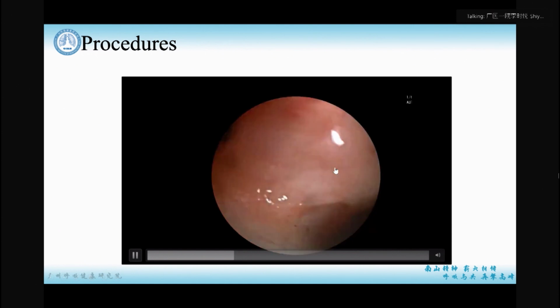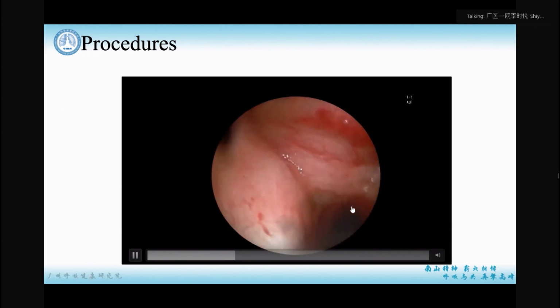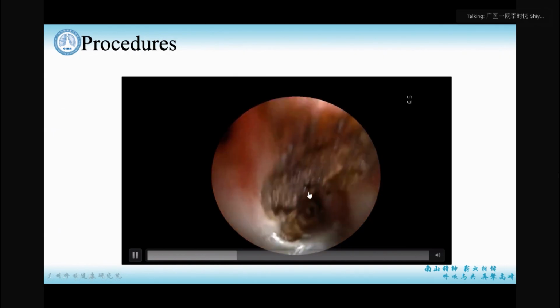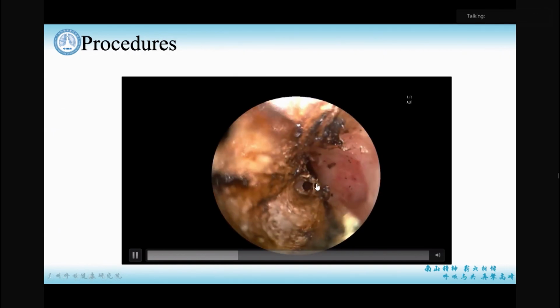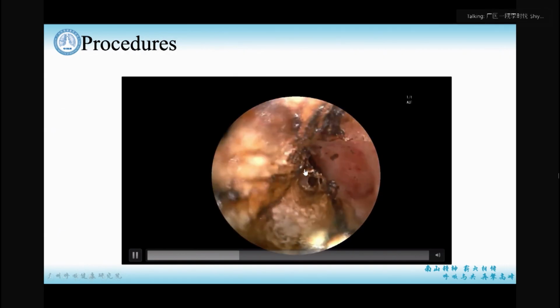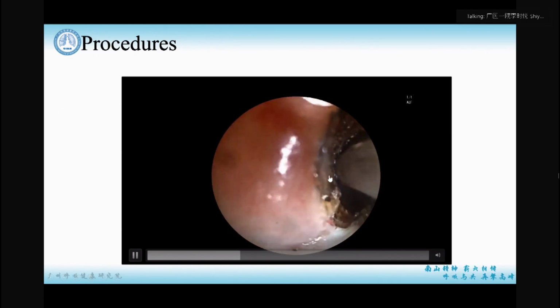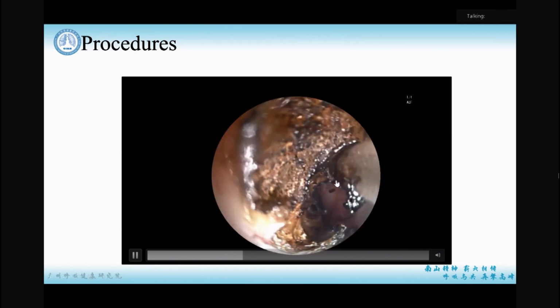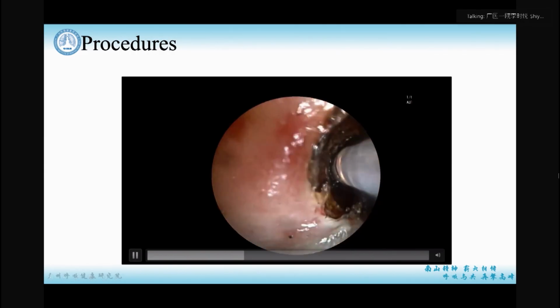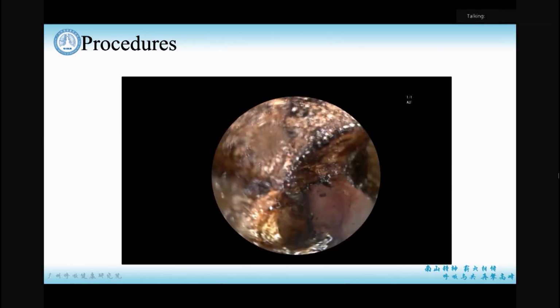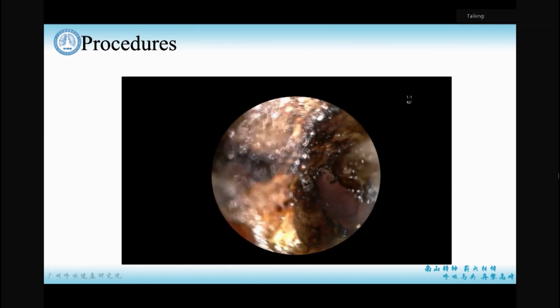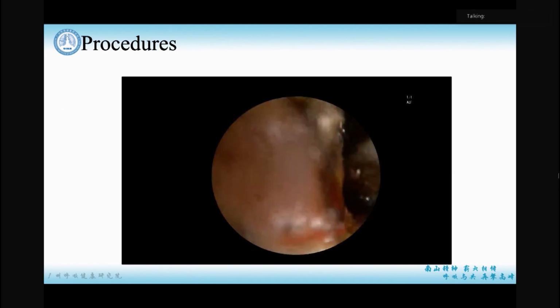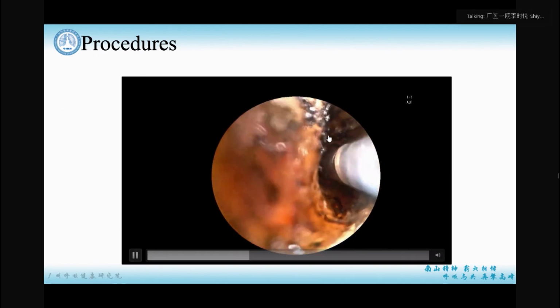Here we can almost continuously ablate the tumor, with not much carbon on the top of the fiber. The view was very clear.